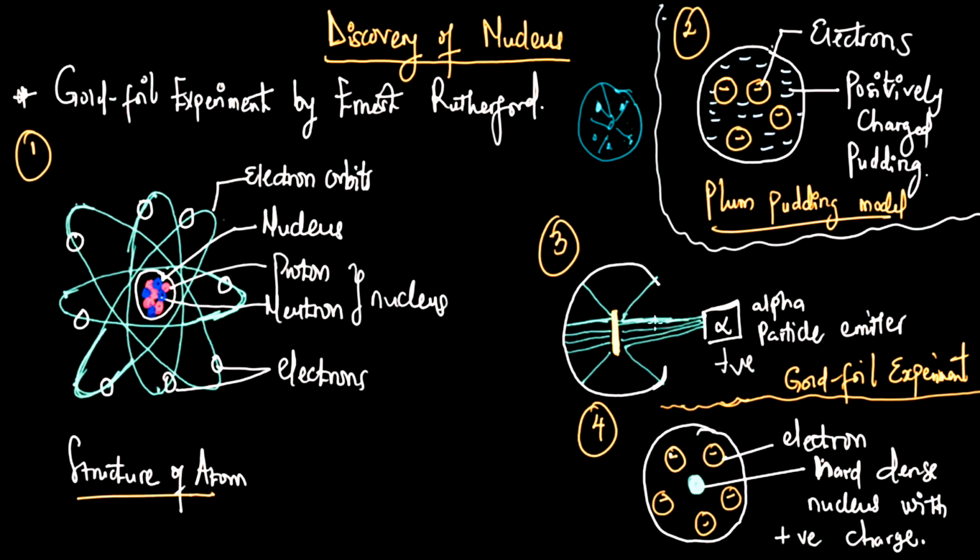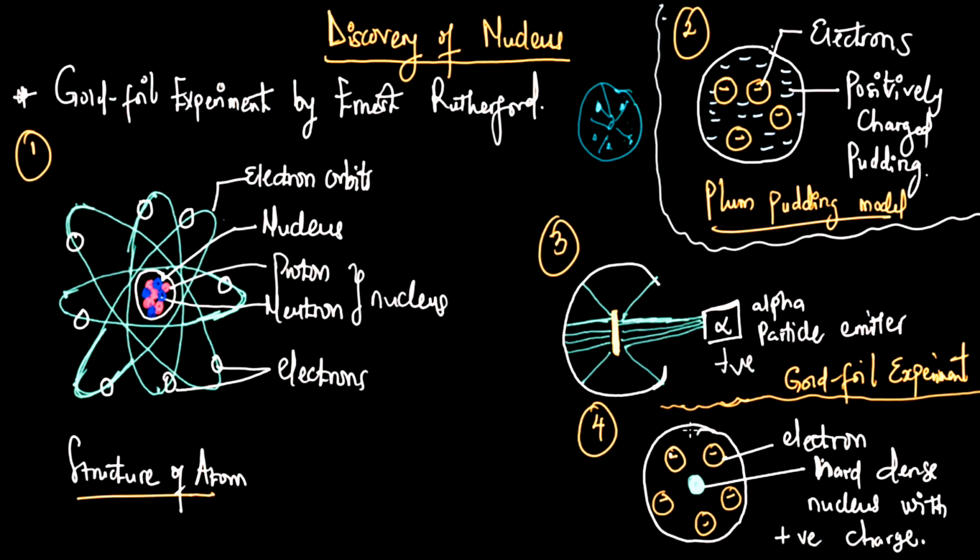Because some of these alpha particles were being deflected and reflected, it was thought to be a positively charged substance. Remember that things that have the same charge repel each other. So they reasoned and came to the conclusion that there is something small and hard inside of the atom. He also concluded that this hard substance inside of the atom must be positively charged since it repels the alpha particle, and it was therefore called the nucleus.